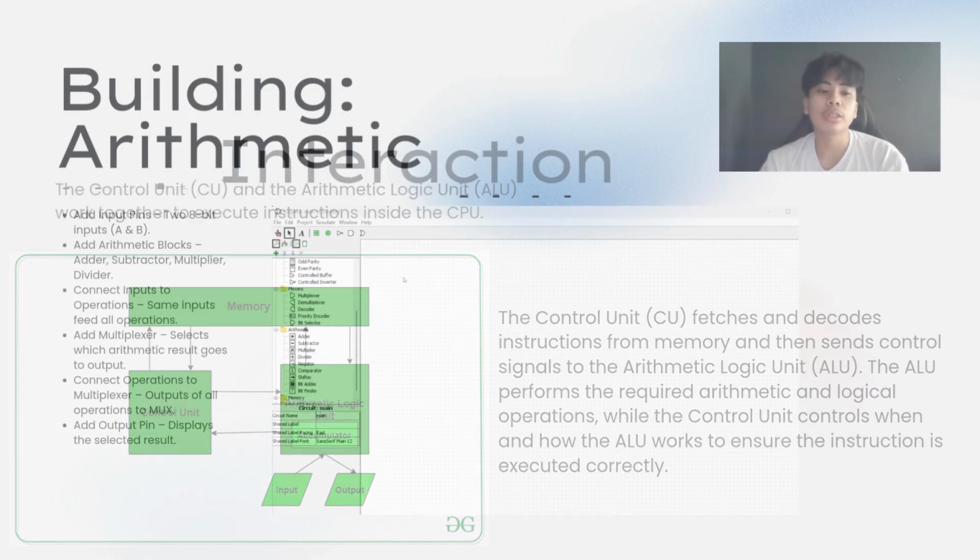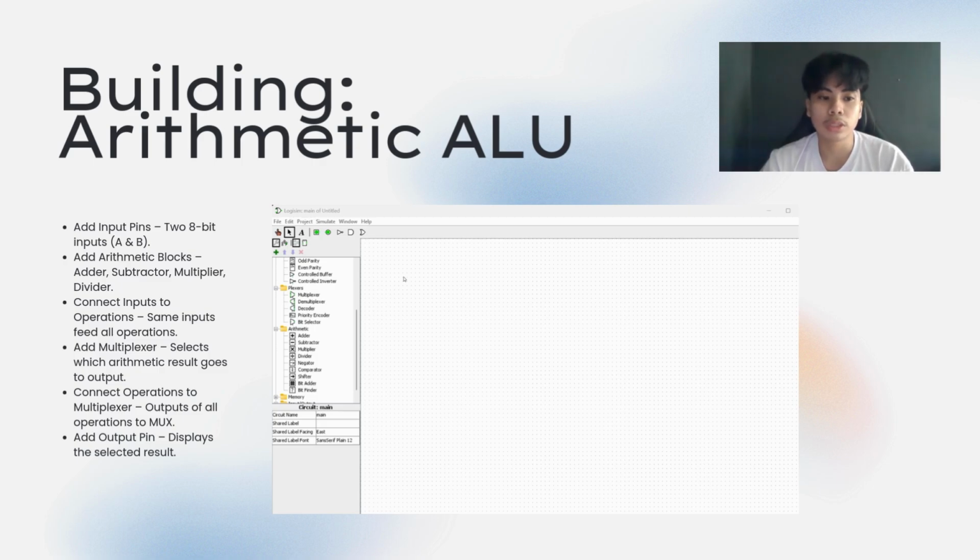For our simulation, I'll be using a software called Logisim. So now let's build our ALU, starting with the arithmetic operation. First, let's set the input values for our ALU. Using this pin, let's set its data bits to 8.